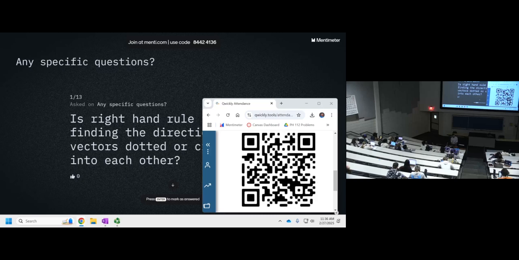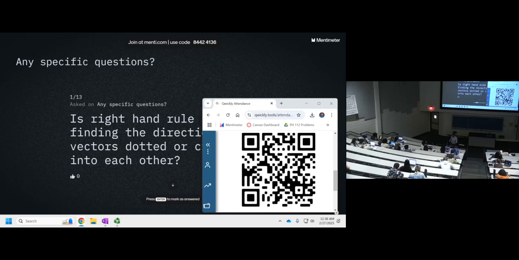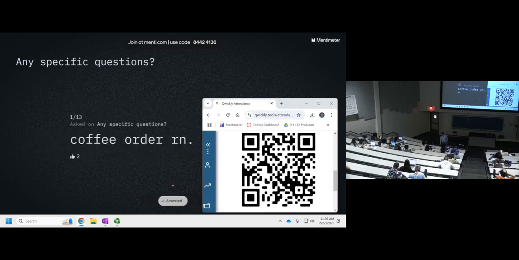We're going to use a different version of the right-hand rule, but it's still based off of the Biot-Savart cross product to find for a current what the magnetic field around that current looks like. So yeah, it is based on those.